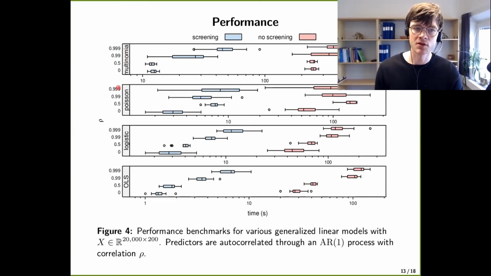Here we have solved a slope problem using the screening rules for 4 types of families: multinomial, Poisson, logistic, and OLS. This is actually, sorry, this should be the other way around here. So we have 200 times 2k.